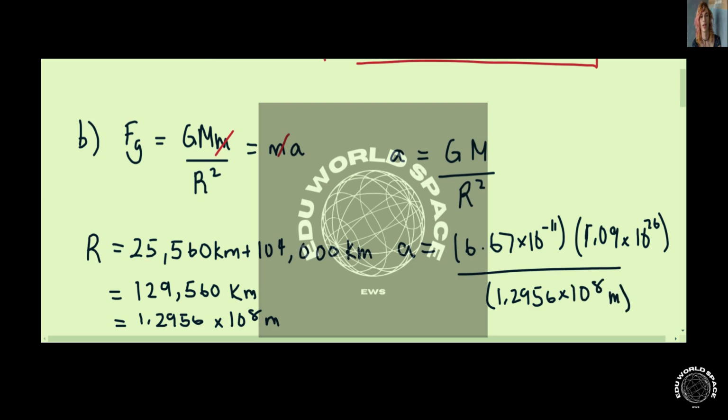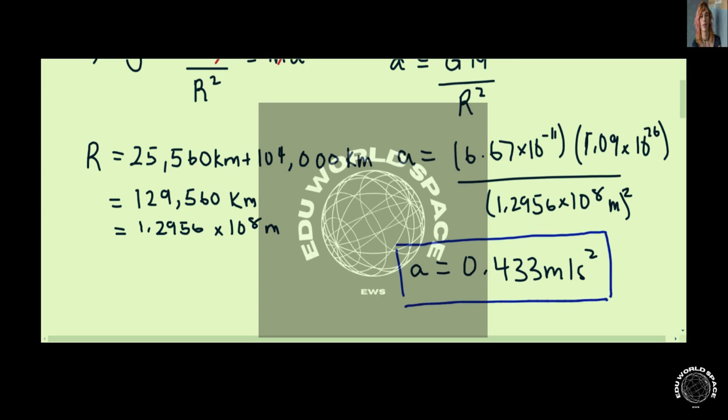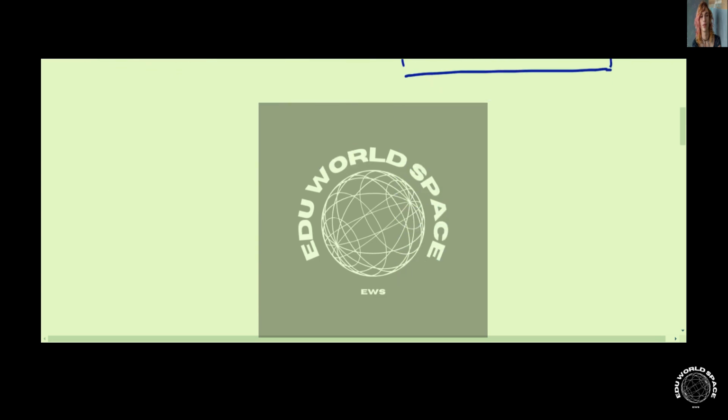So that gives an acceleration of 0.433 meters per second squared. So this is our final answer to part B. And this is the acceleration. It's basically the centripetal acceleration, right? It's the acceleration that an orbiting body has because it is moving in a circle.